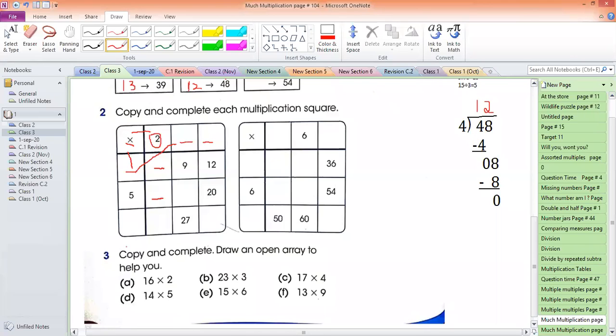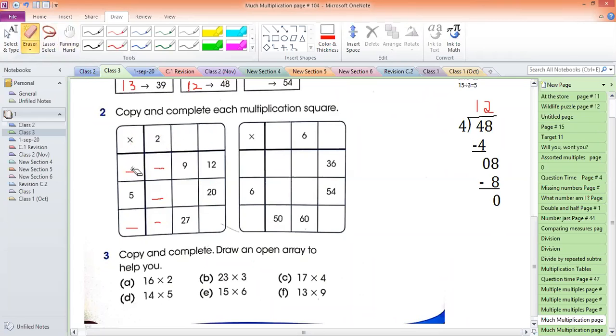In the same way, when you find out what number is missing here, you multiply that number by 2, and you will surely get 27. And the last number you find out, you multiply this by this, and you will find the number you need to write here. In this way, you have to complete this multiplication square.